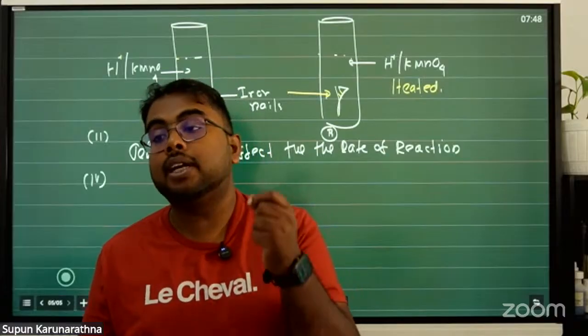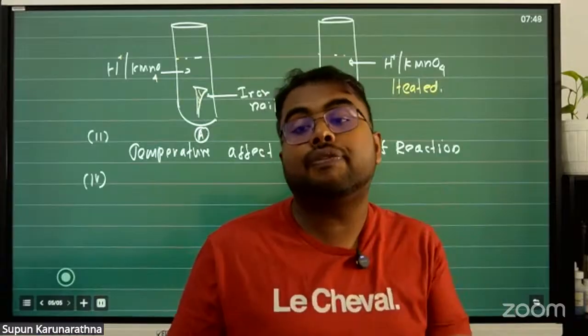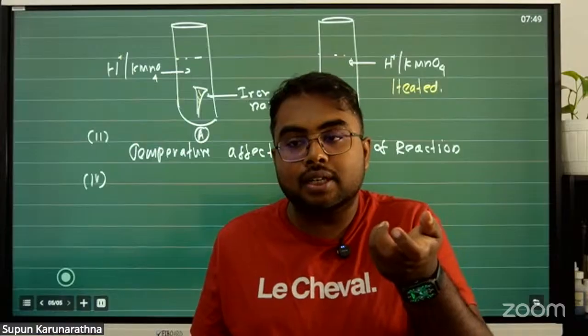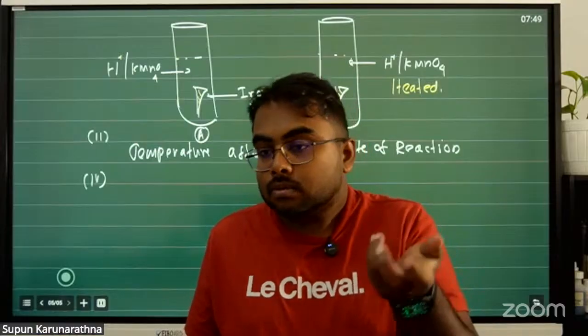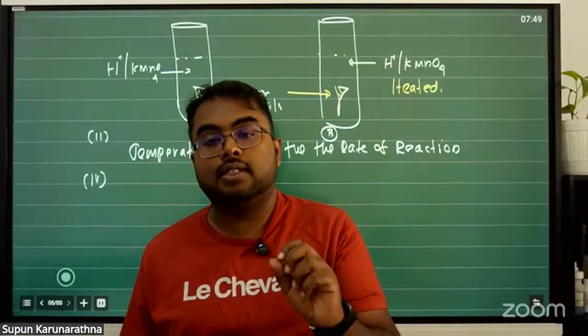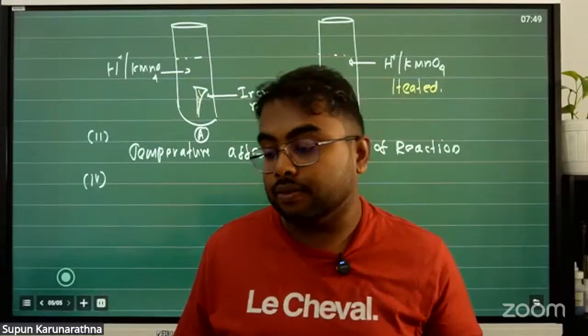So this experiment demonstrated that temperature is a factor that directly affects the rate of the chemical reaction. When increasing the temperature, what will happen? When the temperature increases, the rate of the reaction also increases. Temperature is the factor that directly influences the rate of the chemical reaction.